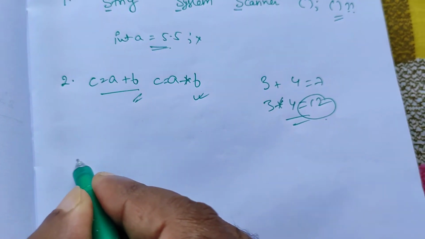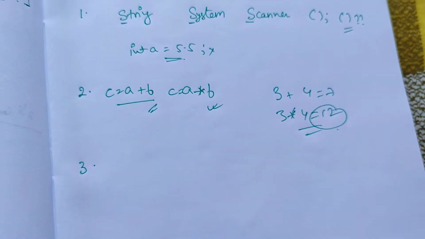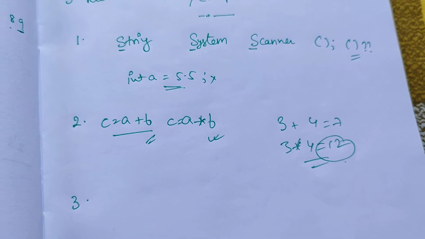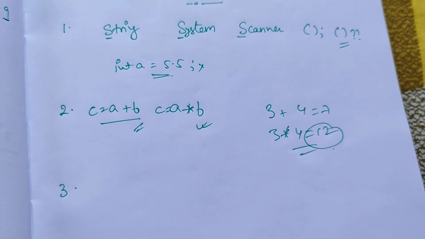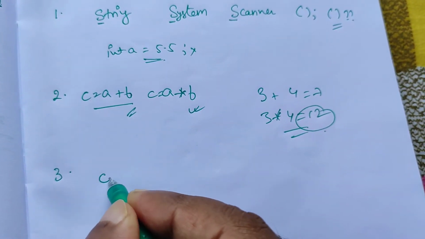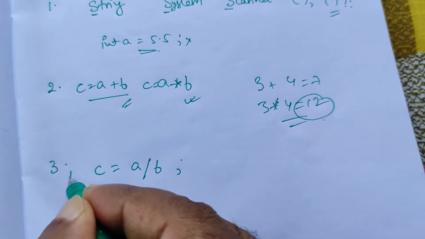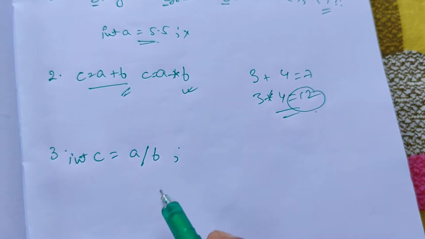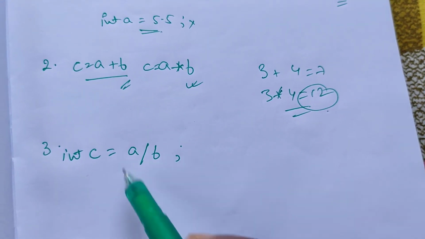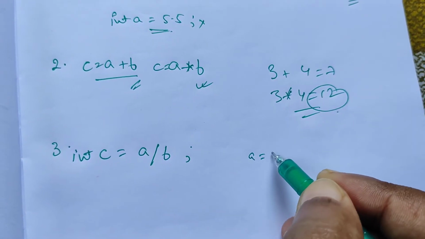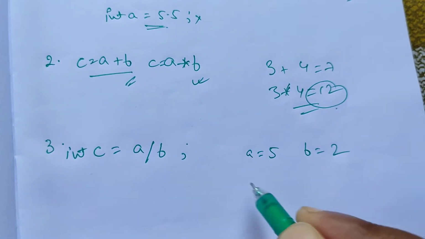And runtime error. You have written a program correctly, no compilation error is there, means no syntax error is there, logic is also correct, everything is correct. For example, suppose you want c equals a by b. Now you want to take the input from the user. The user has given a equals 5 and b equals 2. Okay, very nice.